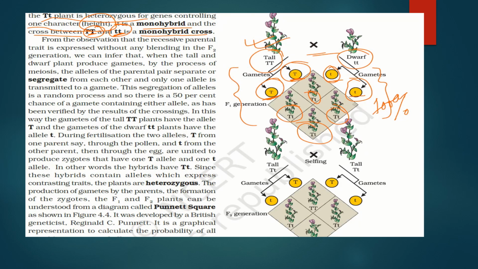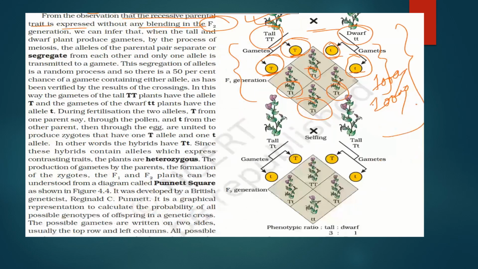Here only the dominant factor, tall plant, is visible. So the phenotype is 100% tall plant. From the observation, there is no blending in the F1 generation. 100% tall plant is only there.